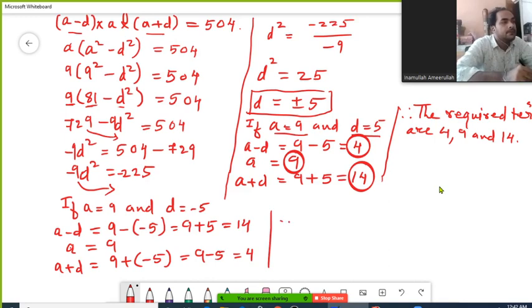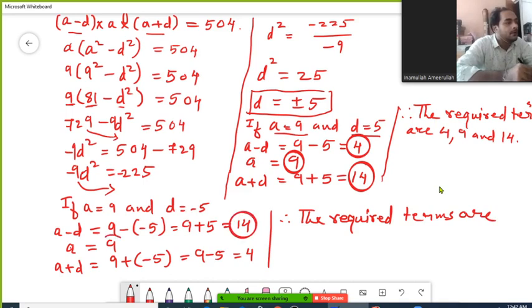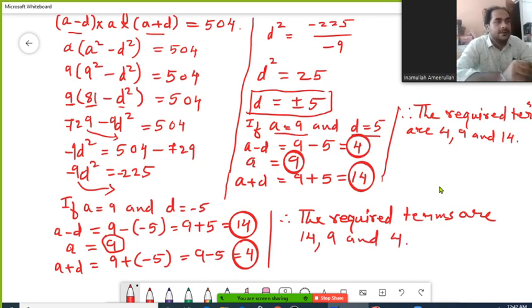So here the required terms are 14, 9 and 4. Hope it is clear to everybody.